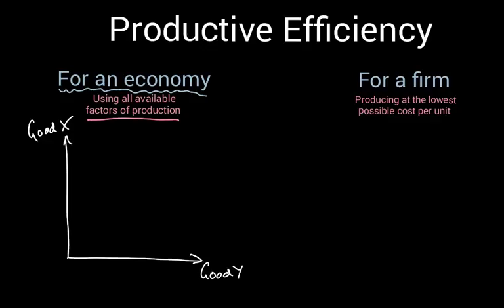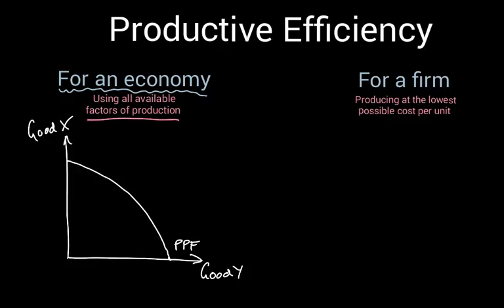And then basically what we did was we said that there is a boundary which indicates the amount that can be produced, or the combinations of these two goods which can be produced, if the economy is using all of its resources.